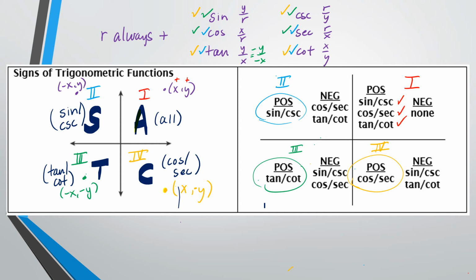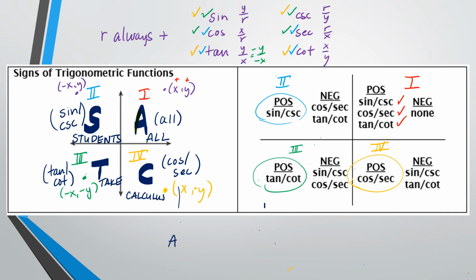Now the silly part of it is how you remember the letters. So I'm going to write that in this dark blue color. The way I remember it is the words: all students take calculus.